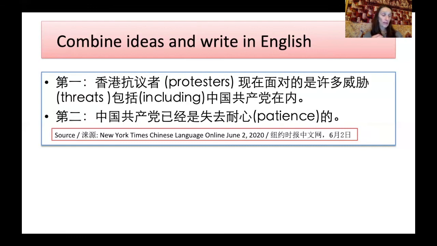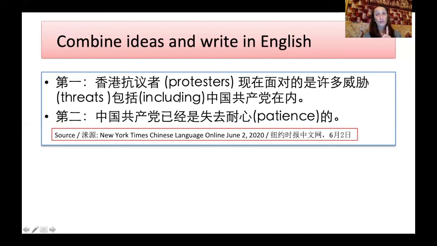I want you to 把两个相关的想法合成一个句子. Okay, so here are the two ideas, 两个想法. 第一个 is this, 香港抗议者 protesters 现在面对的是许多威胁，威胁包括中国共产党在内. Okay, so 包括 and 在内 means including.